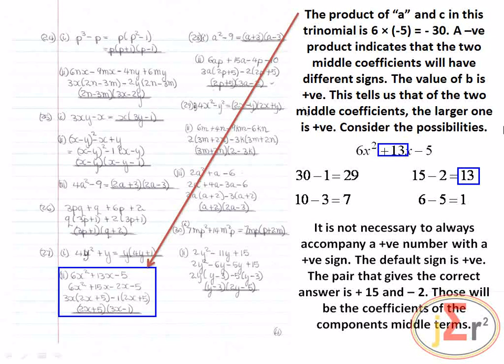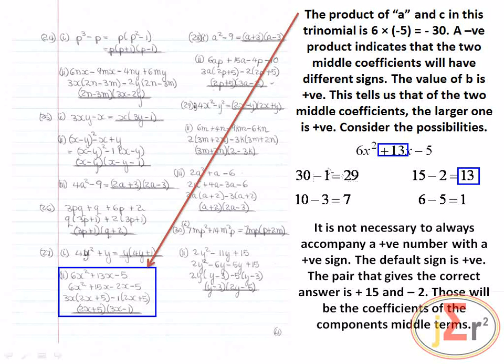That is why we have the 13 here, not accompanied by a positive sign. The default sign is positive. The pair that gives the correct answer is positive 15 and negative 2. Those will be the coefficients of the components' middle terms, and we will see those on the next slide.